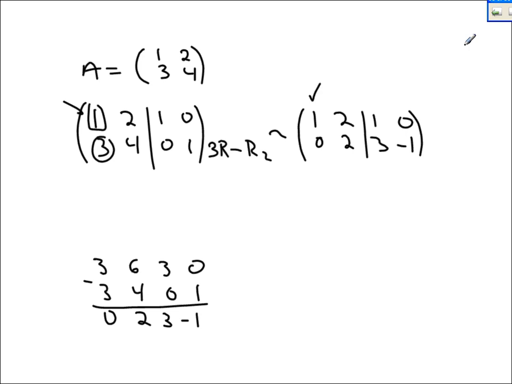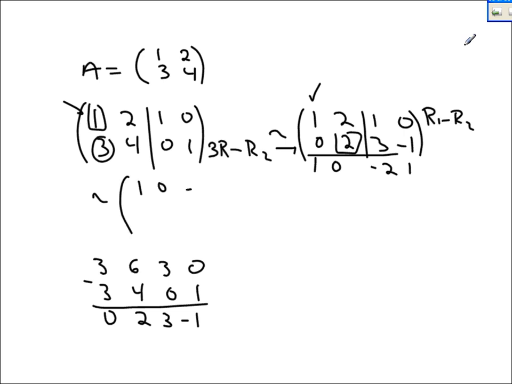Column 1 is done. In row 2, this is my first non-zero entry. So I want to get what's above it to be 0. I'll do row 1 minus row 2. Might be able to just do that in my head. Well, I'll do it underneath. 1, 0, negative 2, 1.